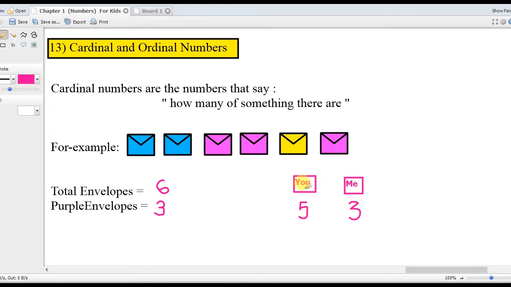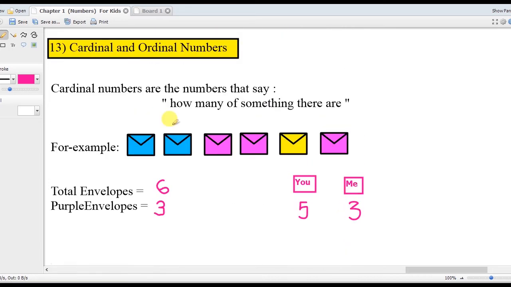If I ask you how many oranges you have, you say I have 5 oranges, and I have 3 apples. And if I ask how many fruits both of us have together, we answer that in total we have 8 fruits. So we can represent this number as a cardinal number.